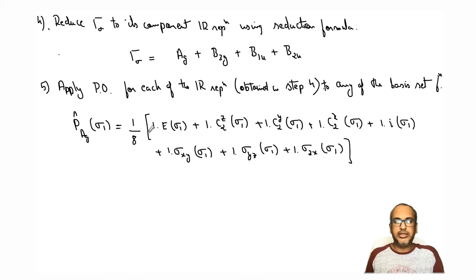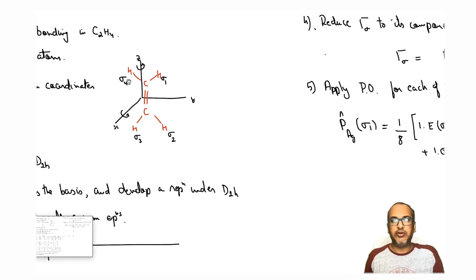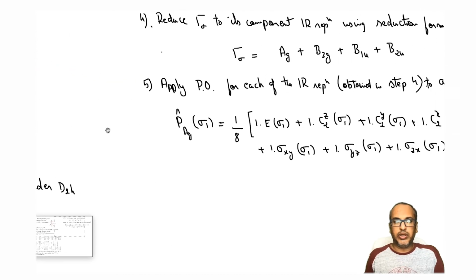Again, it is not required for me to do this complete calculation for you. I'll just give you a couple of solutions. If you apply E on sigma 1, you will get sigma 1. If you apply C2Z on sigma 1, let us look back, you will get sigma 4, right? Similarly, if you apply C2X on sigma 1, you will get sigma 3. If you apply C2Y on sigma 1, you will get sigma 2 and so on, right?